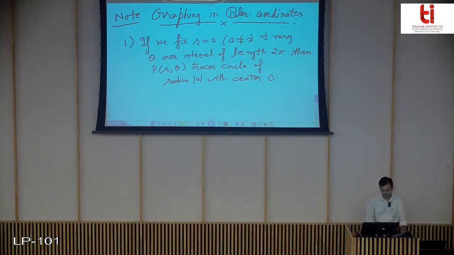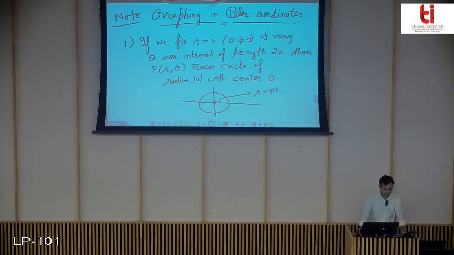In that case, you are simply going to have a circle with center at the pole and radius r equals 2. Here it is taken as a. So this is a or mod a, whatever.